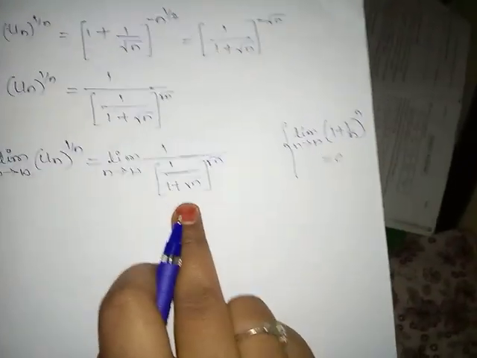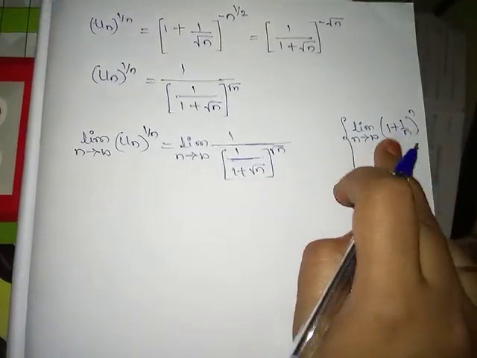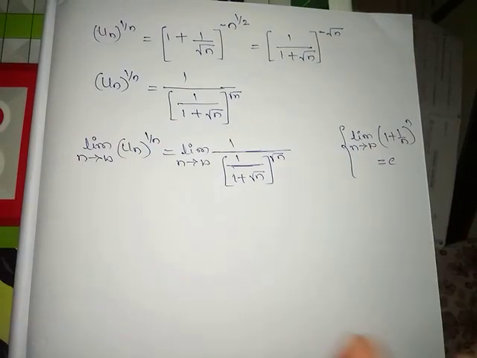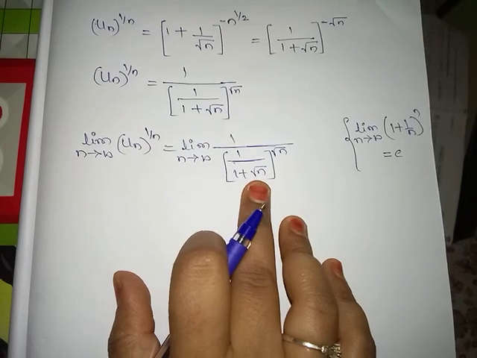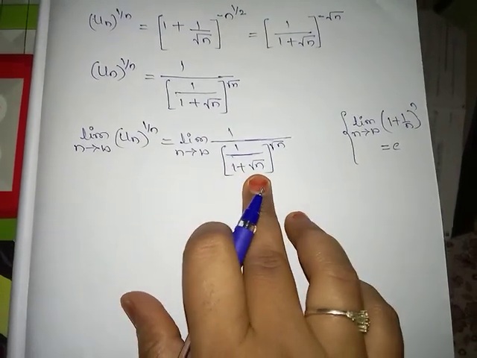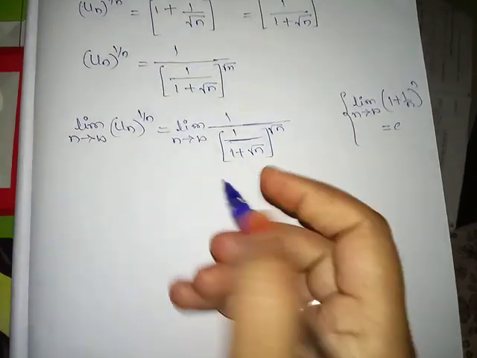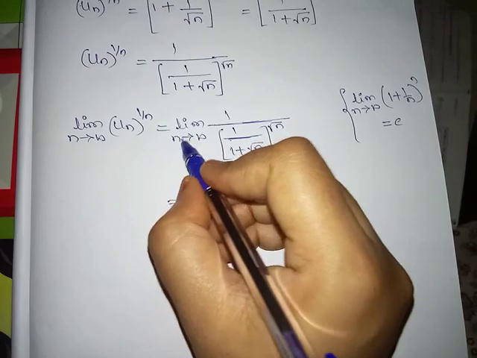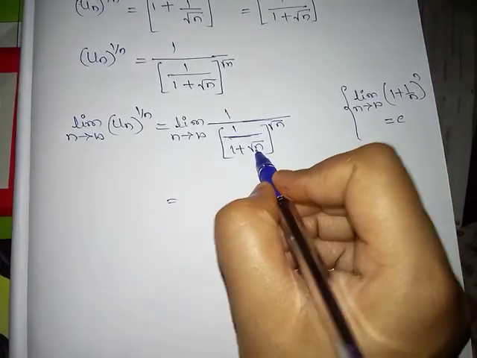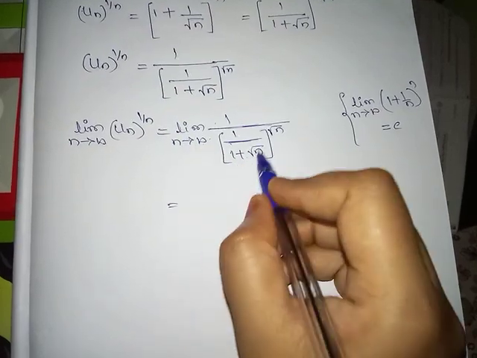See, this denominator term is the same as 1 plus 1 by n raised to n. Simply, in place of n we have root n, 1 plus root n whole raised to root n. Therefore we have limit n tends to infinity 1 divided by limit n tends to infinity of this term.